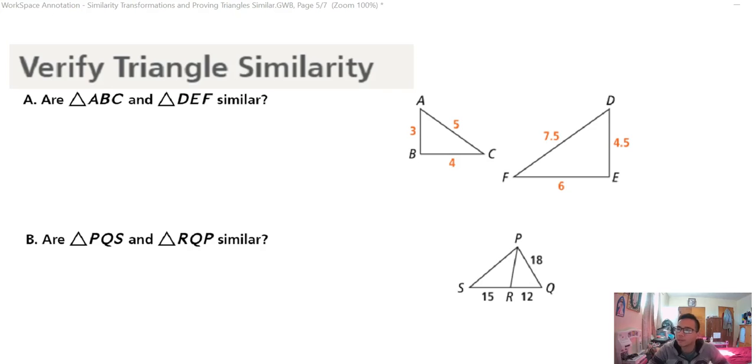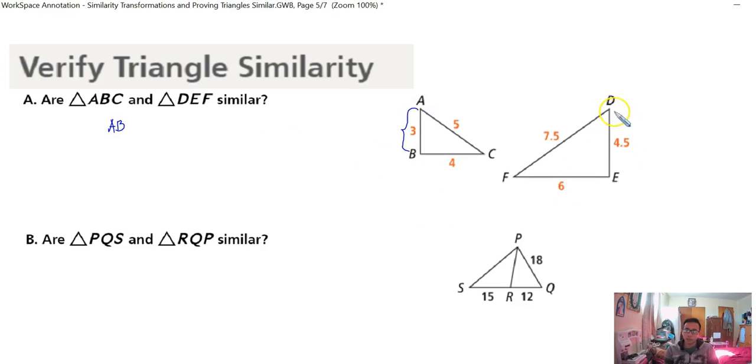Okay? Now, as we can see, you have to make sure that you know the corresponding sides of each triangle. So in my example here, the corresponding sides are AB. So I'll start here. AB corresponds to what side?